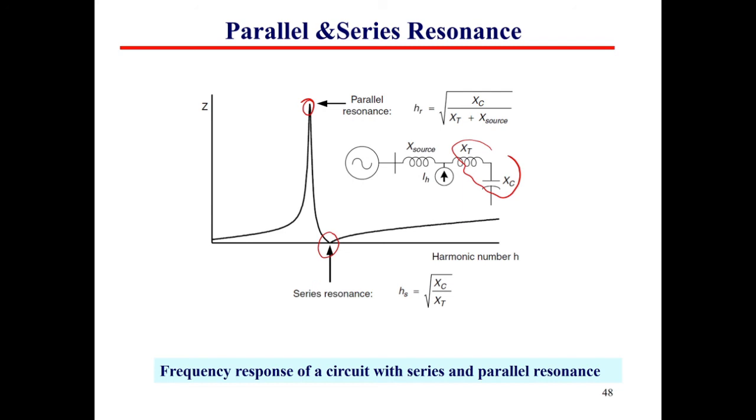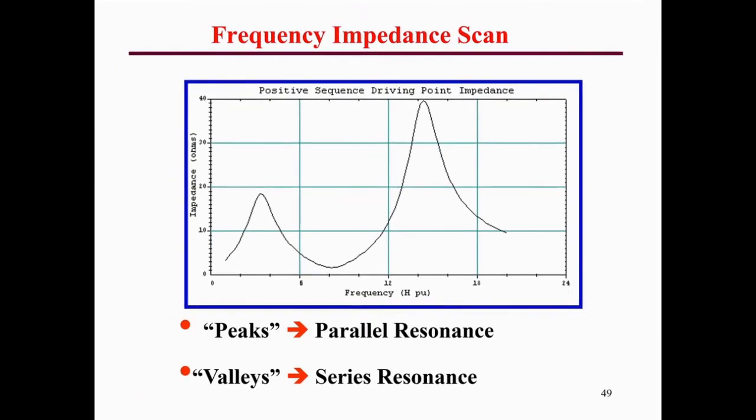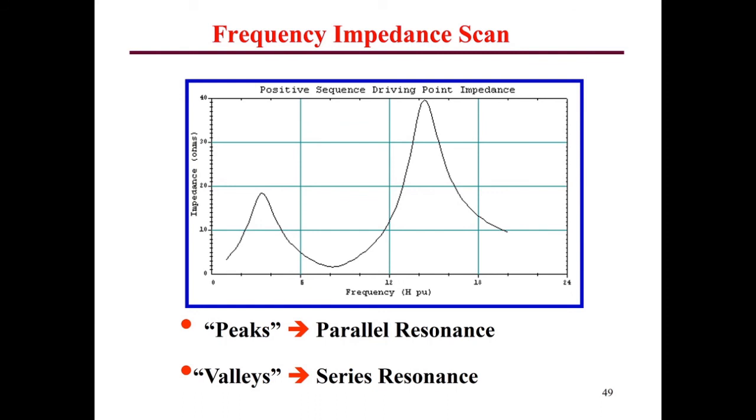So over here we have parallel resonance, over here we have a series resonance, and the series resonance harmonic order will be determined by XC and XT, and the harmonic order for the parallel resonance will be determined by XC and both XT and X source. Okay, so over here, if we look at this frequency response, which is again the impedance against the frequency, we can see that we have two peaks over here.